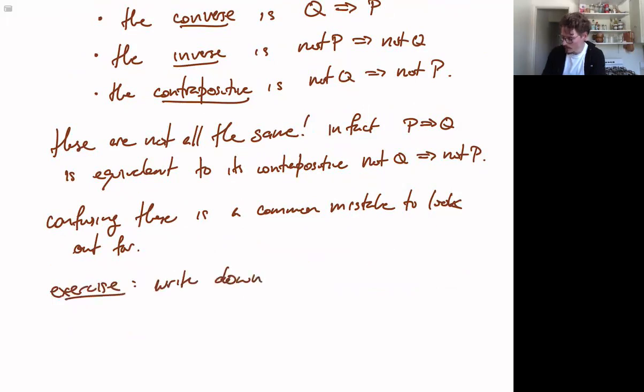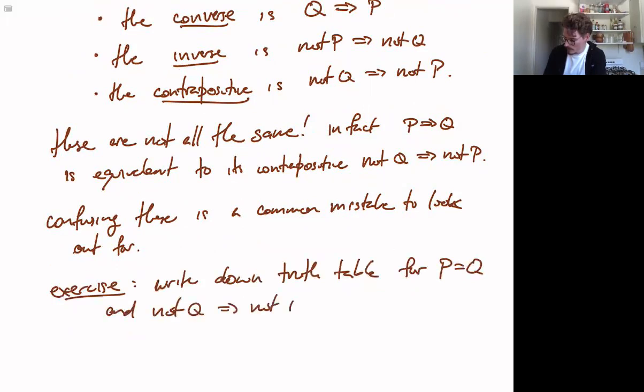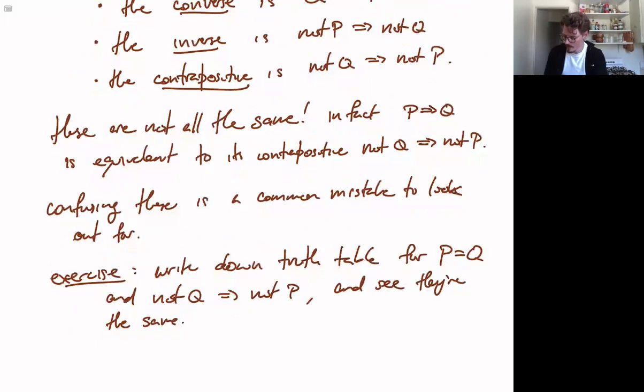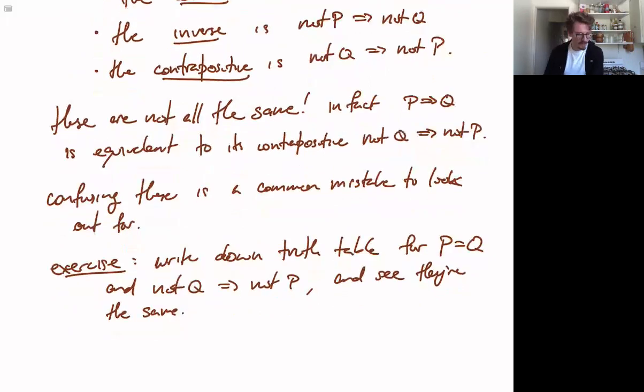You can write down the truth table for P implies Q, and not Q implies not P. And you will observe they're the same. But let's just give some examples real fast.